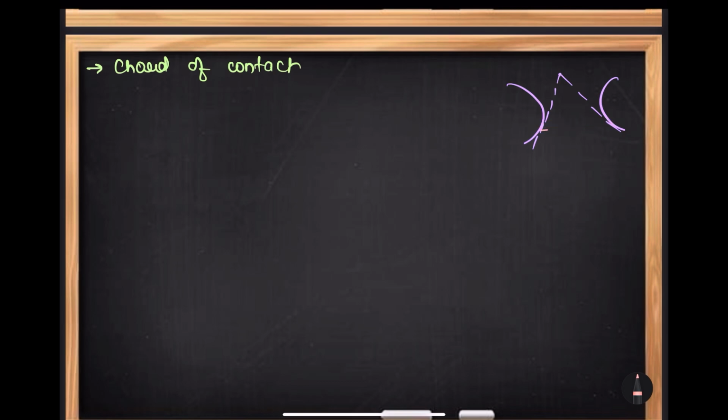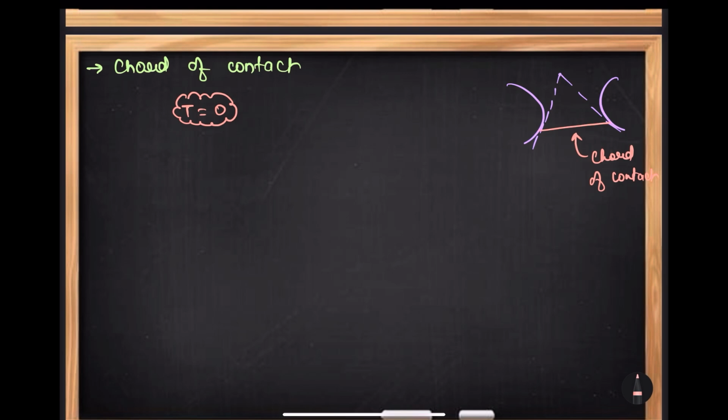So this thing is the chord of contact, this one. Is that okay? So how will we write down the equation of the chord of contact? It is T equals to 0 and done.